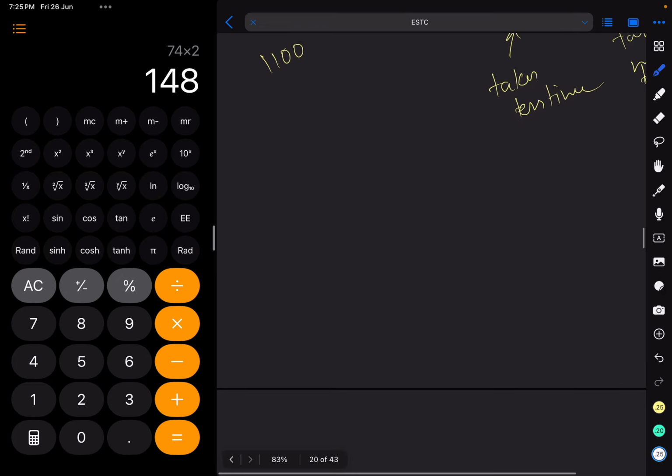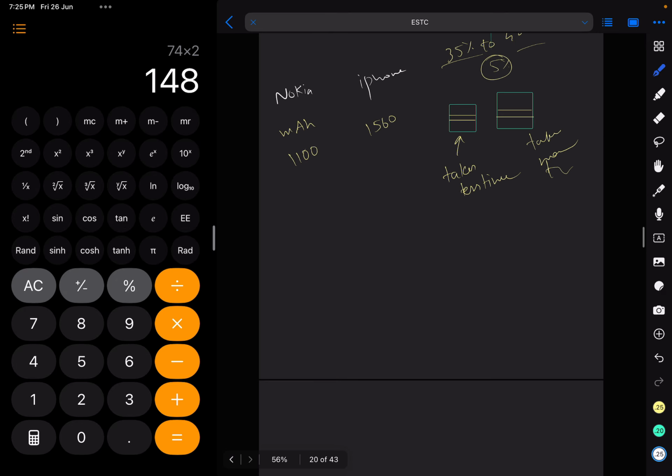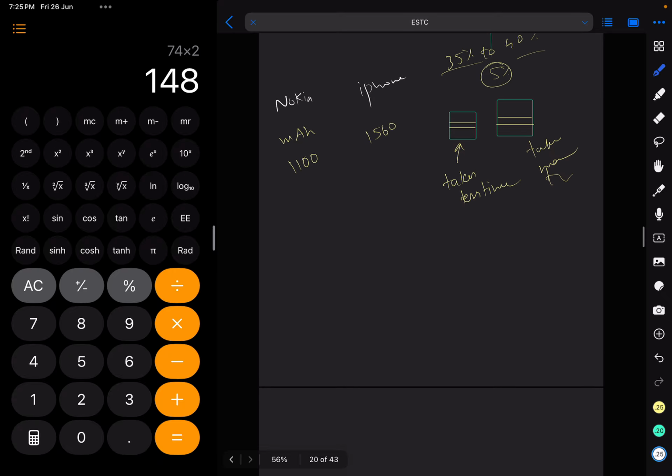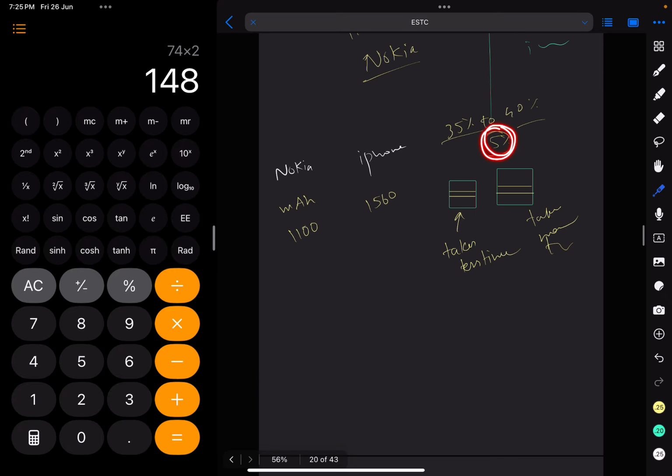So for that, what we can do is compare the 5% of Nokia's capacity and 5% of iPhone's capacity.